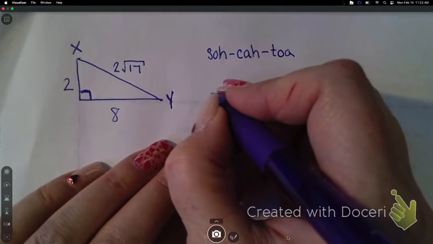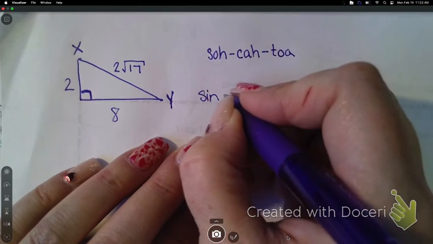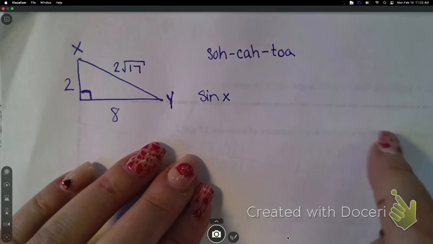I'm going to write them down and you can start working on them. Give yourself some room to simplify because we're going to have to simplify.